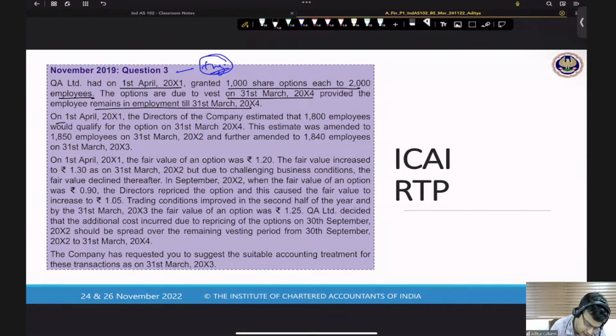This estimate was amended to 1850 employees on 31st March X2, that is end of year 1, and further amended to 1840 employees on 31st March 20X3. On 1st April X1, the fair value of the option was rupees 1.2.